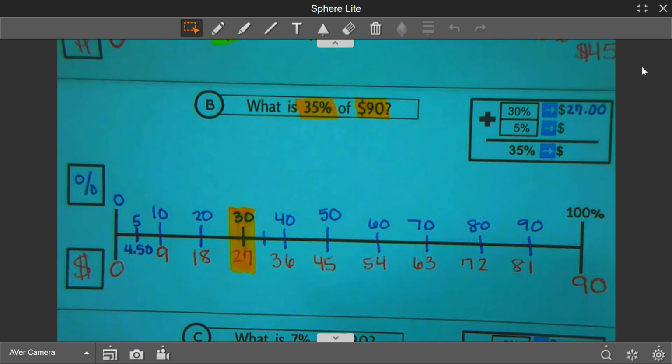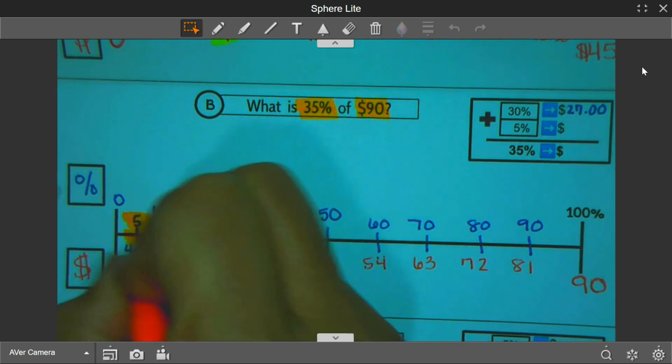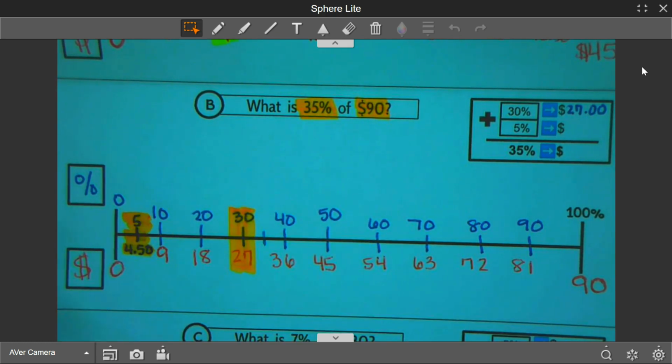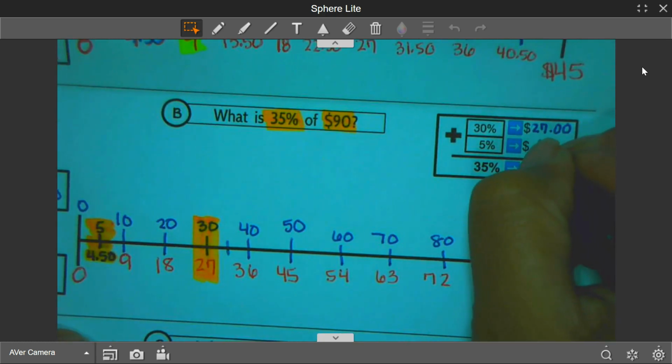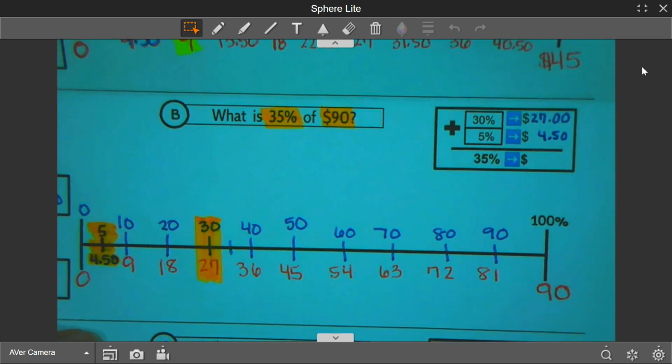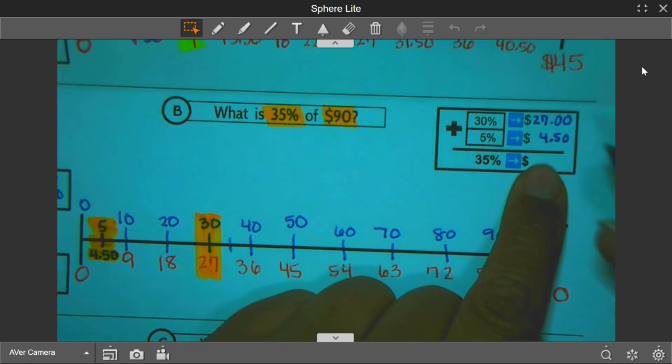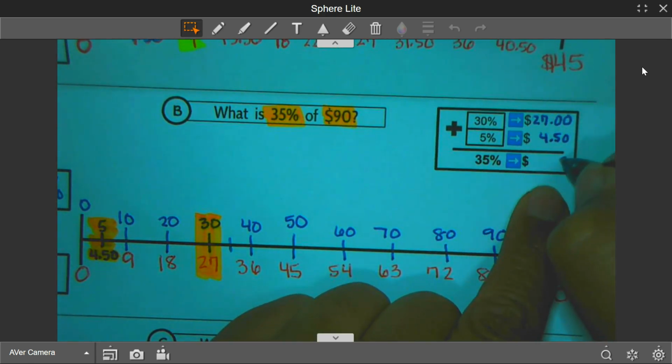And I'm going to use that one. $4.50. Line up your decimals. Make sure you're lined up neatly so that way you're adding, there's no minor errors. So I have 0 plus 0, 0 plus 5.